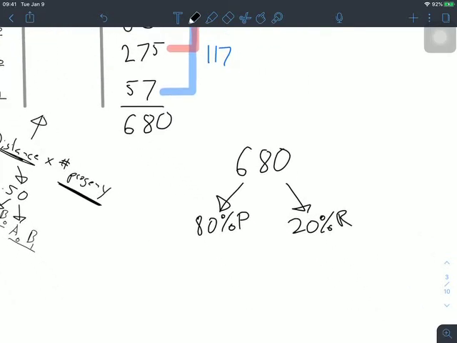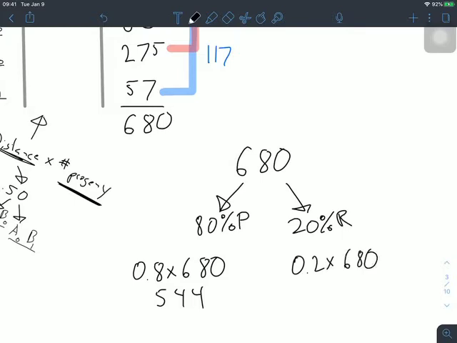In terms of our expected values for parental and recombinant, all you have to do is multiply the 80%, or 0.8, times 680 to get your expected parental quantity, which gives you 544. Then 0.2, or 20%, times 680 gives the total number of recombinant progeny that are expected, or 136.